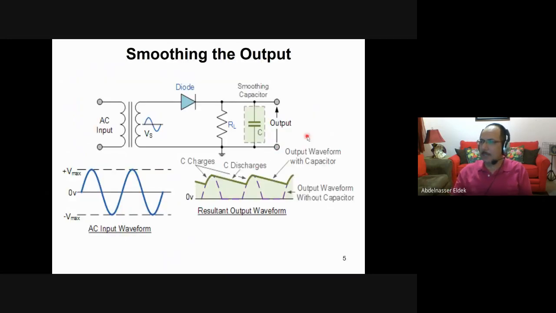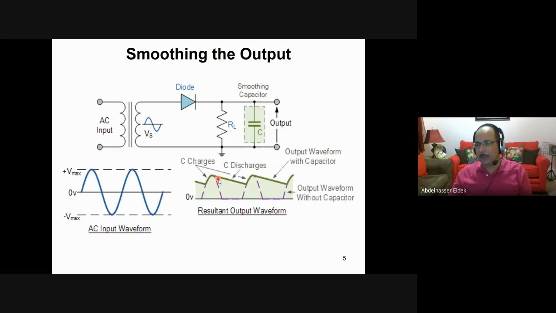So this is explained here. You have the same circuit, but with a capacitor. Look at the output voltage: when the diode is on, you have a voltage like this, and when it is off, it is 0. Then on, then 0, and so on. But because of the capacitor, when it is on you have a current, as I said, and it will charge the capacitor.